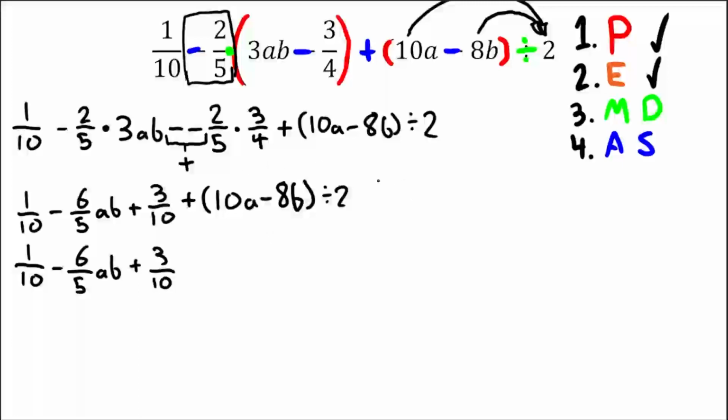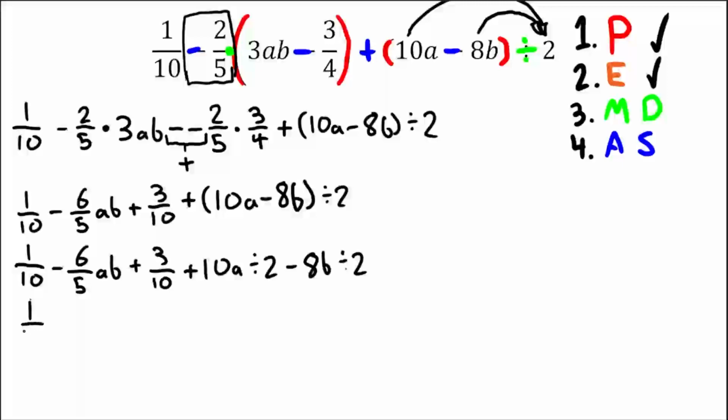But it's going to look something like this. So plus 10a divided by 2. And then it's going to look like minus 8b divided by 2. So we distributed the 2 to the 10 and to the 8.